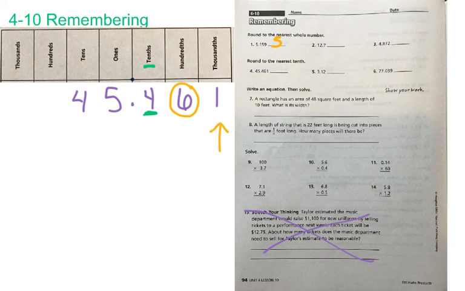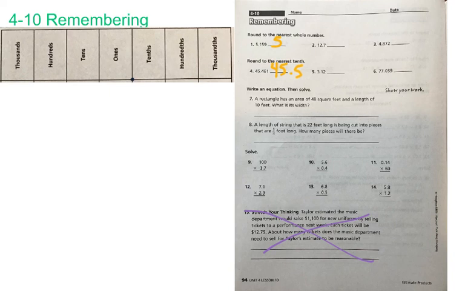It has to be 5 or higher, we round up, and in this case it's 6. So we're going to go to that 4 and we're going to round it up. So it's going to become 45 and 5/10. Place value chart up here for you to reference when you work on 2, 3, 5, and 6.